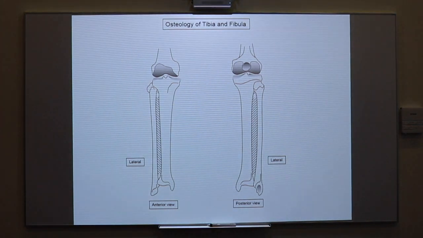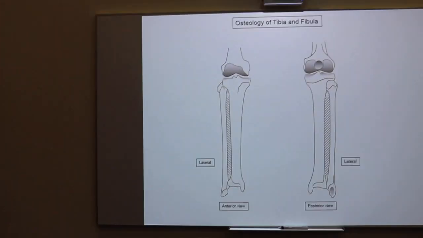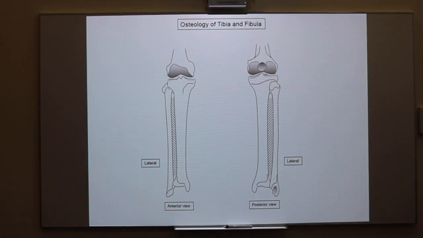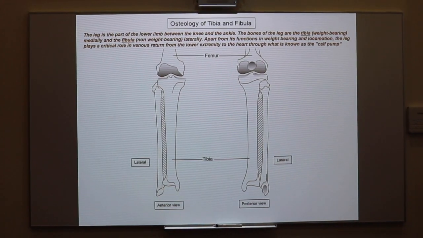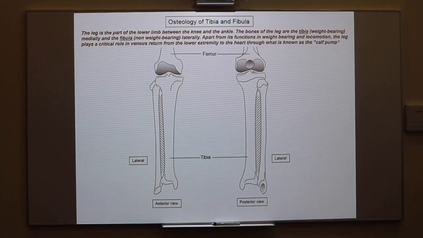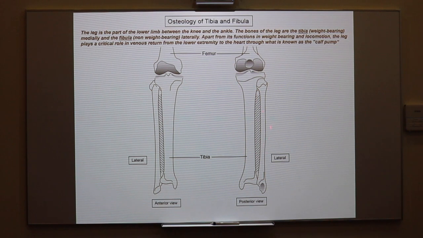So let's look at some of the bony landmarks of the tibia and fibula. This is the anterior view and this is the posterior view, and you can see this is the femur, this is the tibia, and the lateral bone which you see here is the fibula.